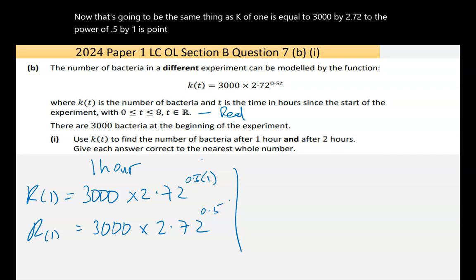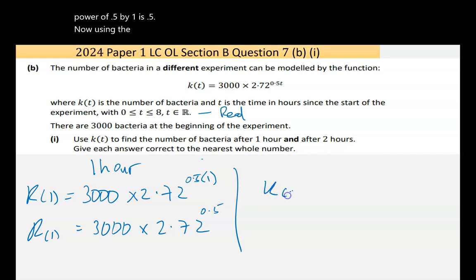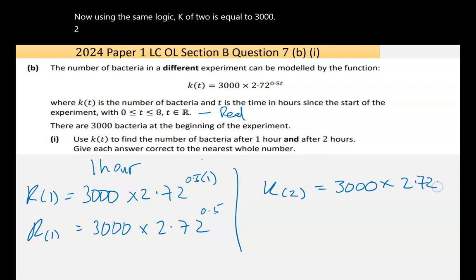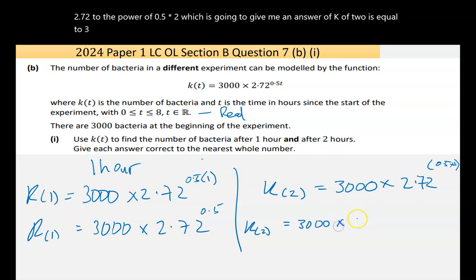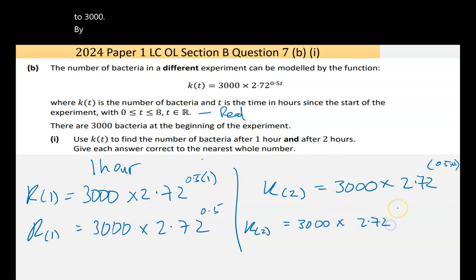Now using the same logic, K of 2 is equal to 3,000 times 2.72 to the power of 0.5 times 2, which is going to give me an answer of K of 2 is equal to 3,000 by 2.72 to the power of 0.5 by 2 is 1.